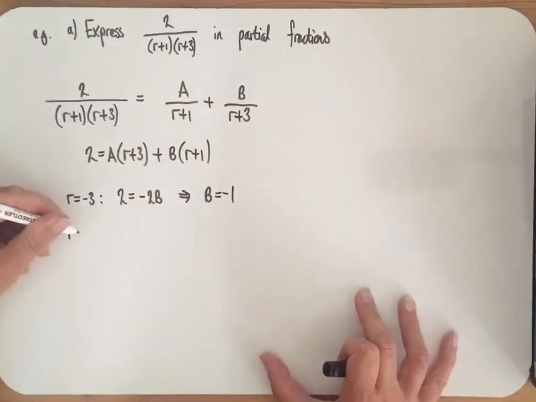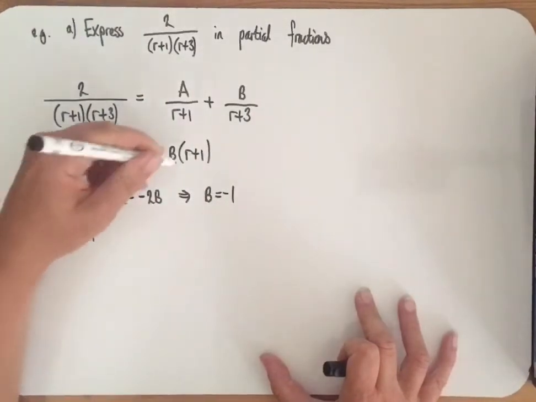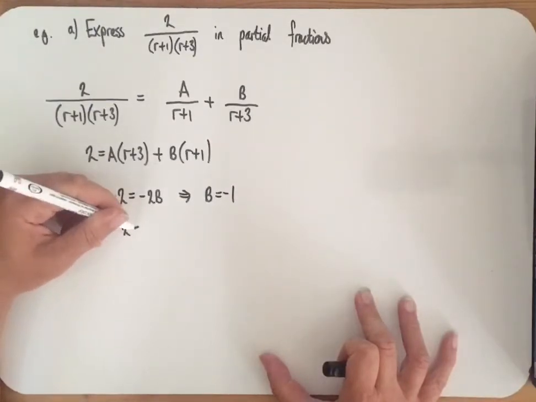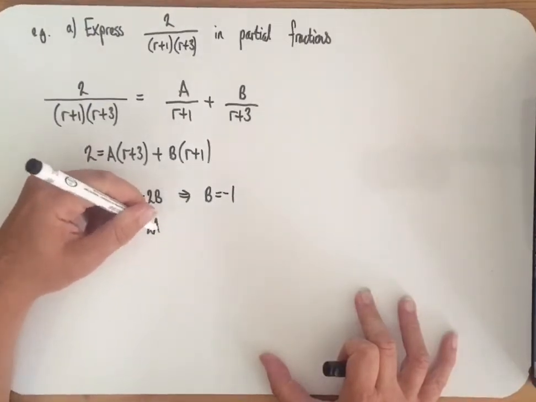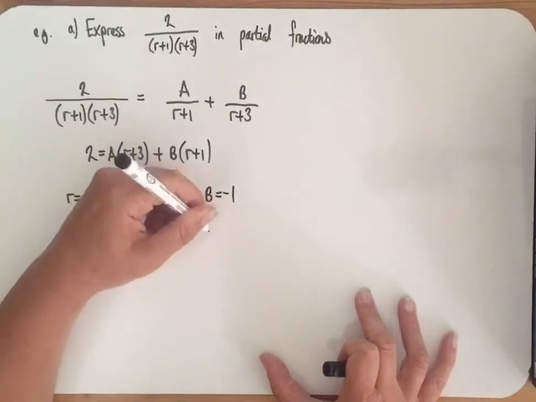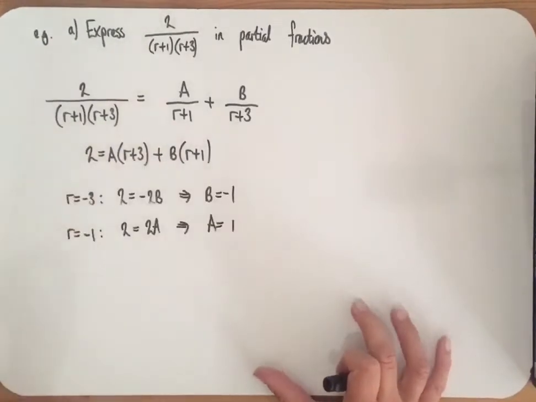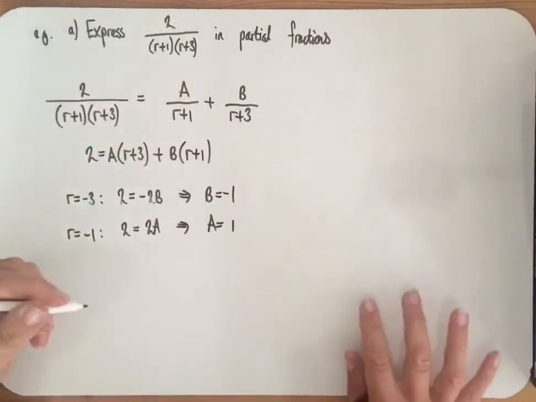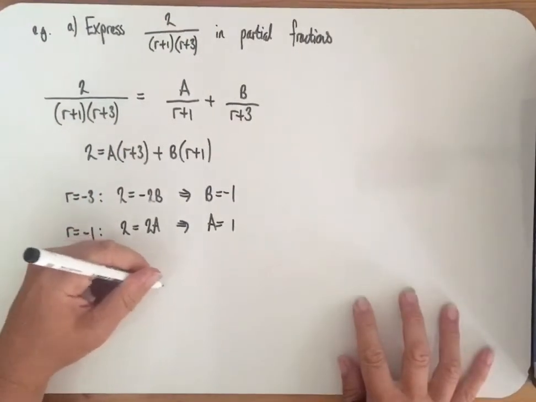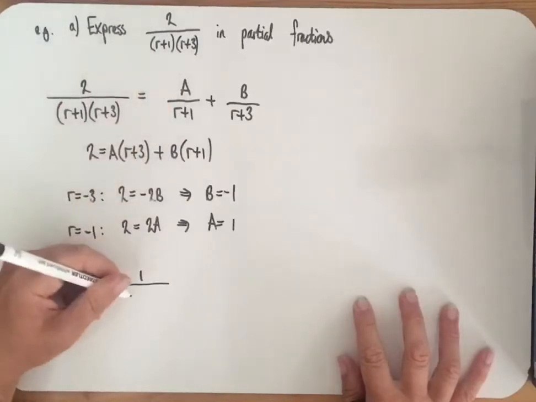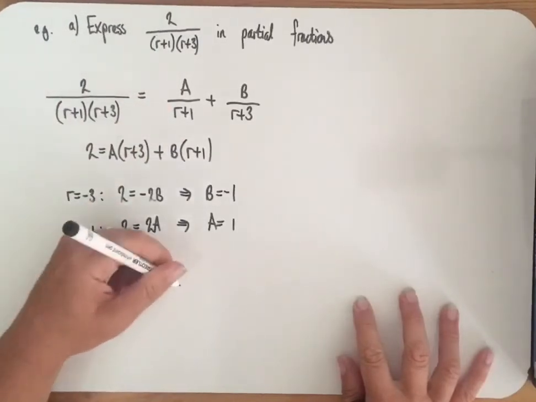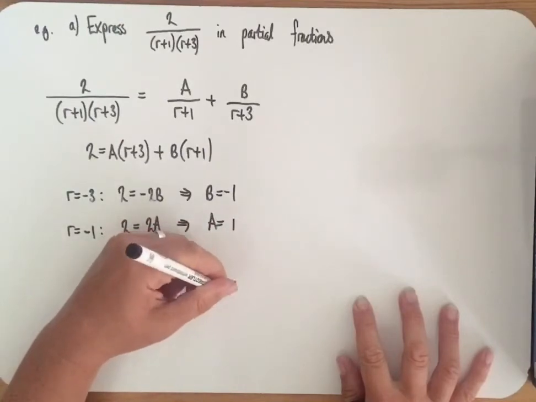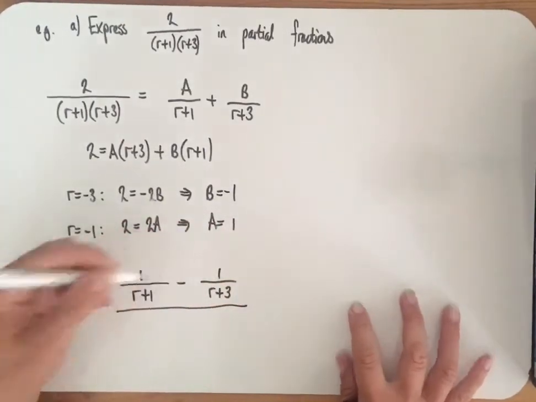And then if we let r equal minus 1 to set this bracket here to 0, 2 is equal to 2A, and so A is equal to 1. This fraction as a partial fraction will be 1 over r plus 1 minus 1 over r plus 3. So you've got that difference in there.